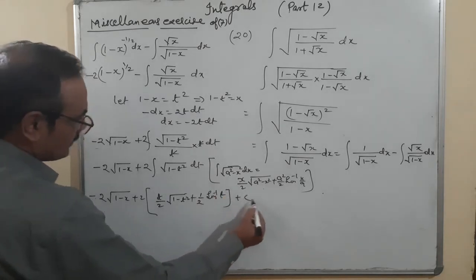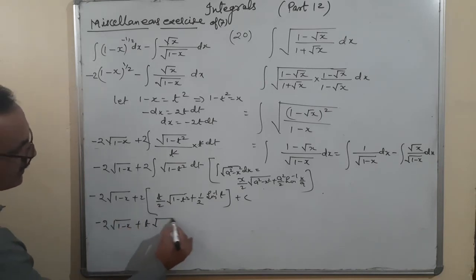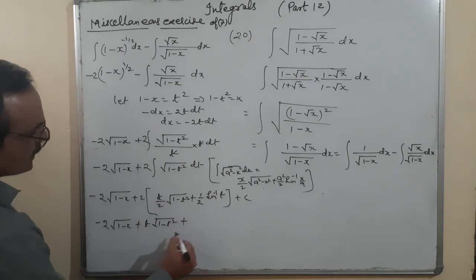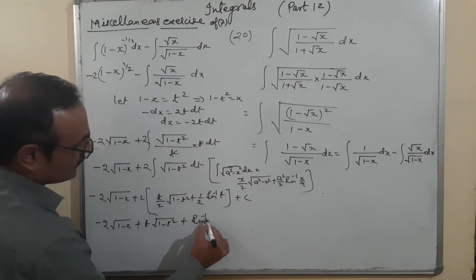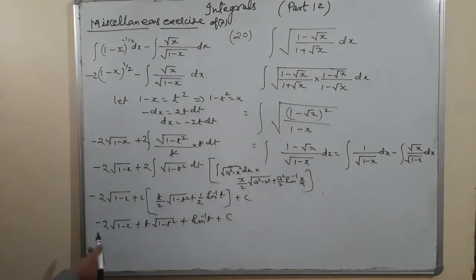plus c. Minus 2 root 1 minus x plus 2 cancels, it is t under root 1 minus t square, 2 cancels, plus sine inverse t and plus c. Put the value: minus 2 under root 1 minus x plus under root 1 minus t square.